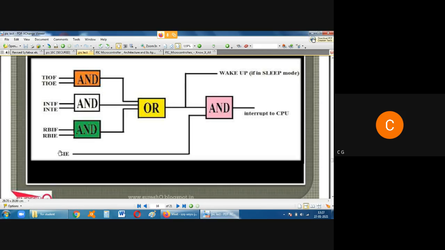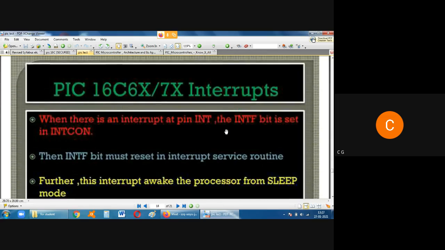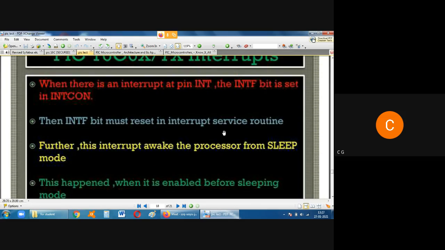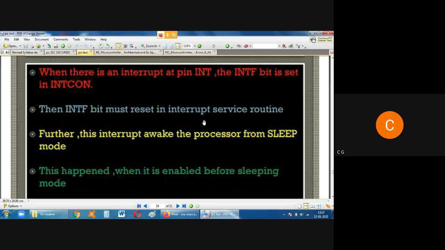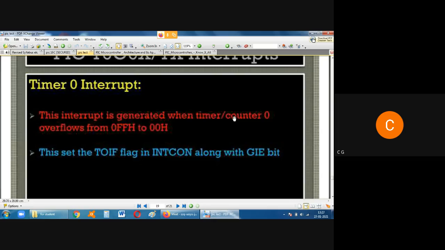So you have to first make sure that this is enabled, and then other interrupts will be considered. That is the overall justification which is mentioned in how things are taking place, what things must in one go be enabled to wake the PC.